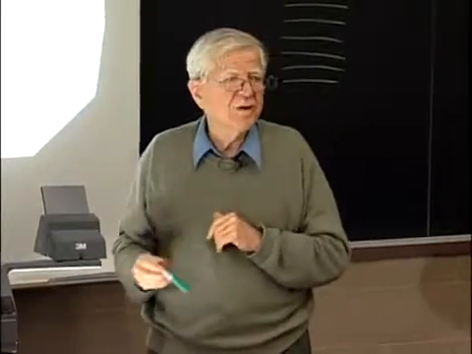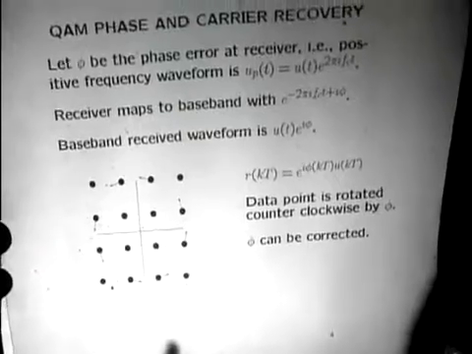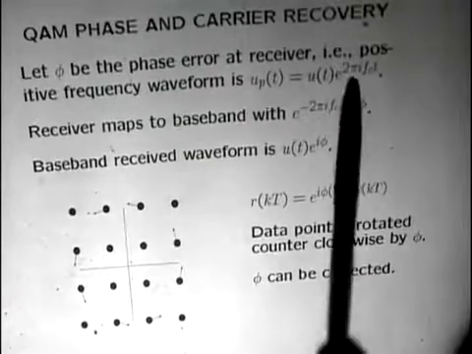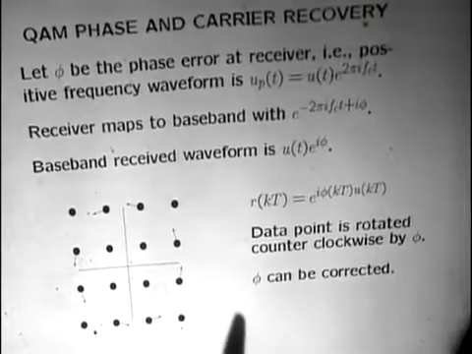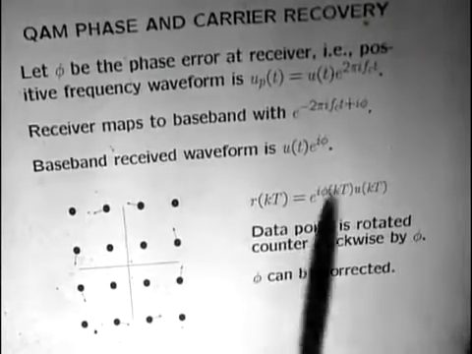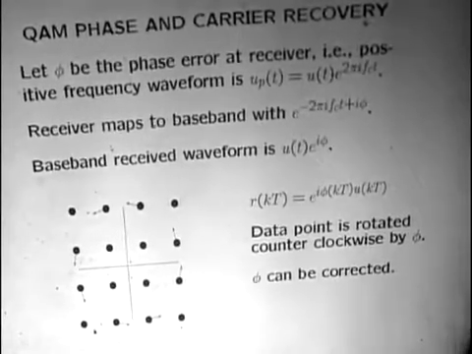The only question we're trying to find out now is how do we choose this phase on the sinusoid that we're using at the demodulator. Because at the demodulator, there's no way to know whether phi is 0 or whether phi is something else.